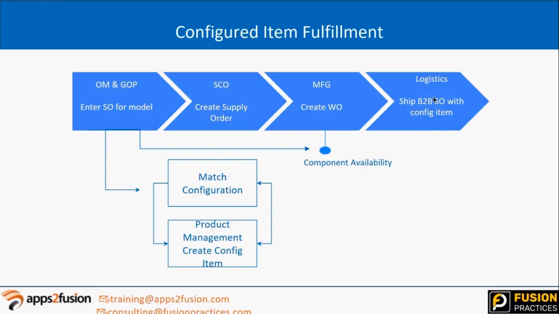So one more question. The star item is nothing but a model, right? Which is the final product. But the interesting thing here is, yes, in functional terms, the star item is a model. But technically in the system, it's a standard item because it is already configured; there are no options you can add to it.